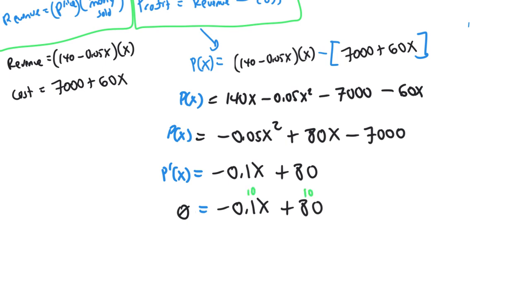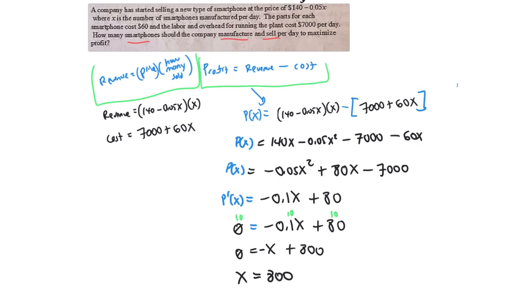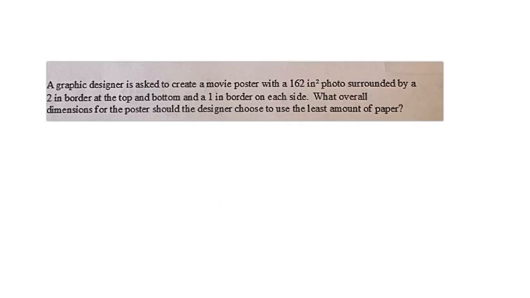Multiply everything by 10, and that would give us 0 equals negative x plus 800, pardon me, and then x equals 800. So that's the answer.